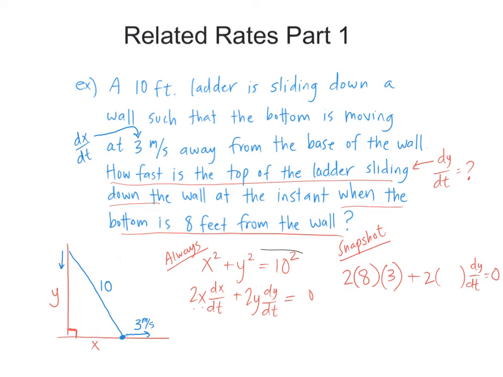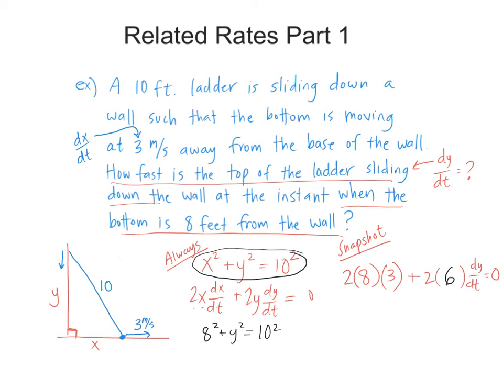So no matter what, x squared plus y squared equals 10 squared, correct? So if x happens to be 8, then 8 squared plus y squared equals 10 squared. And you might recognize that as a Pythagorean triple, 6, 8, 10. So what I know is that y is 6 because at this instant, the triangle is a 6, 8, 10 right triangle.